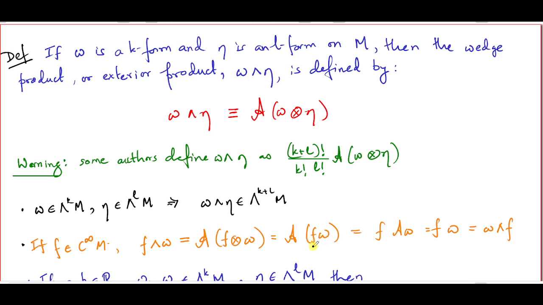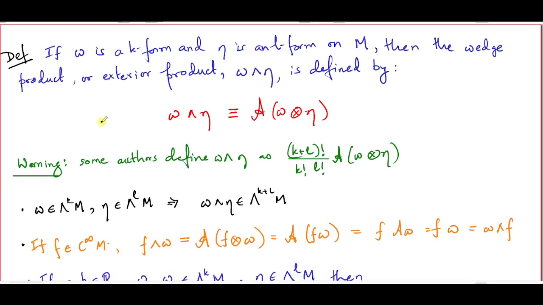And we have already seen that a property of the alternator is that f can come out. So this is f times A omega. Remember, omega is completely antisymmetric to begin with, being a form. So A acting on omega is nothing but omega itself. So f wedge omega is f times omega. And you can easily show that that's the same as omega wedge f. So at least if you have a function and a K form, then f wedge omega and omega wedge f are always the same.